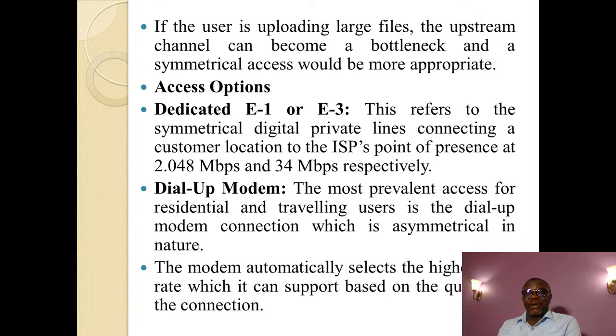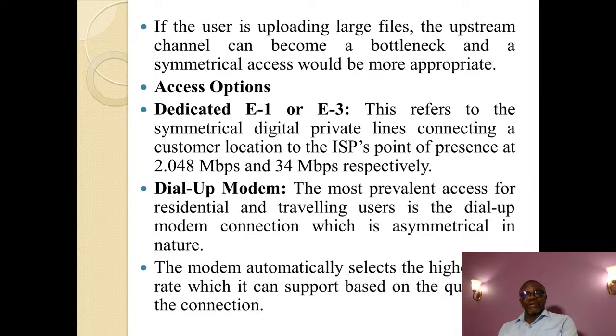This refers to symmetrical digital private lines connecting a customer location to the ISP point of presence at 2.048 Mbps and 34 Mbps respectively. So if you're using dedicated E1, your transmission rate will be 2.048 Mbps, and if you're using the E3, it will be 34 Mbps.